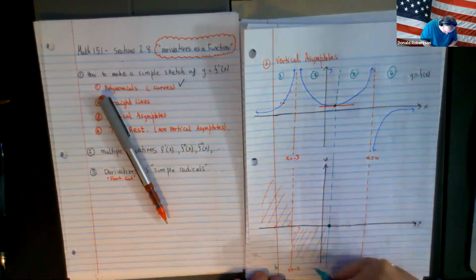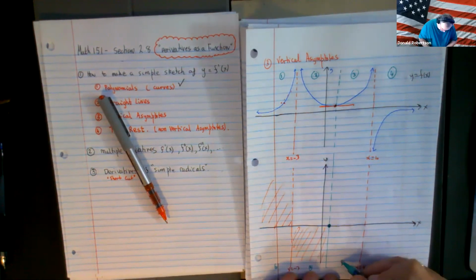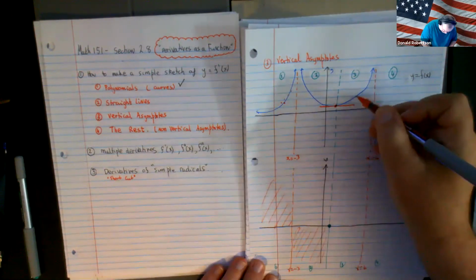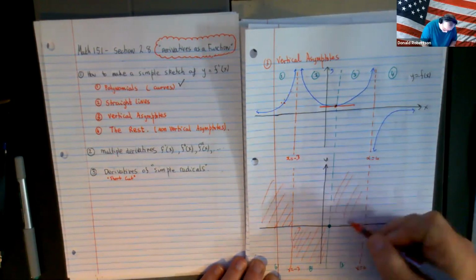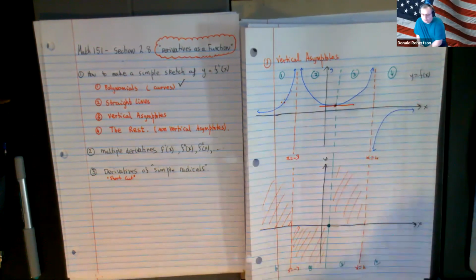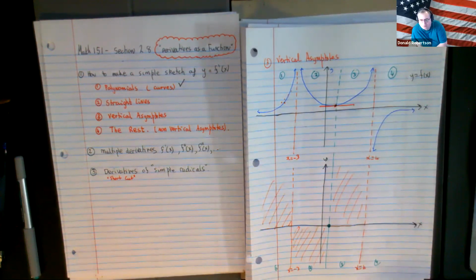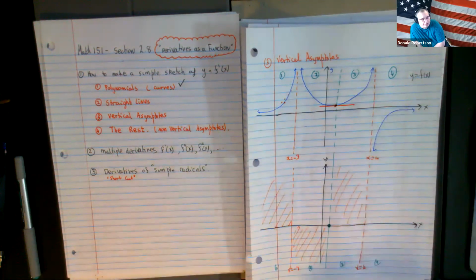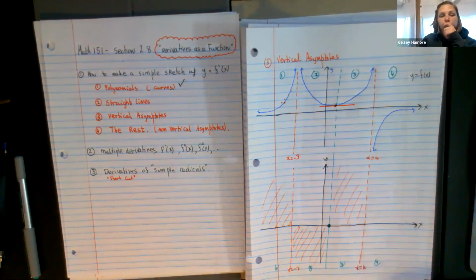There's region 1, region 2, region 3, there's 4. In region 3, they're all positives. In region 4, what slope is the tangent line in region 4? If I take any point on this curve, will it be positive or negative? Positive. Right.